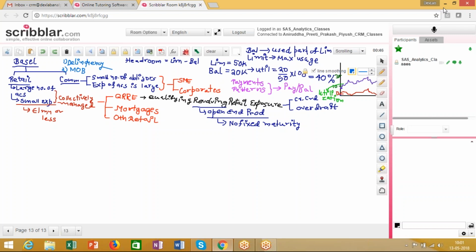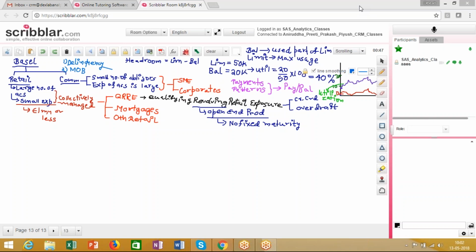Okay. So before I move on, I'll take up a question that Preeti has over here. Yes. So as you have correctly identified, Preeti, Akash, MOB stands for the month on books. The number of months an account has been on the books of the bank.